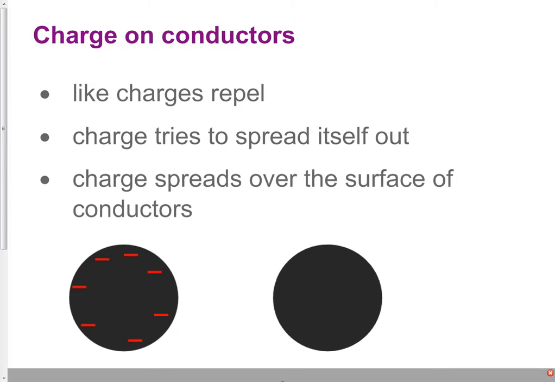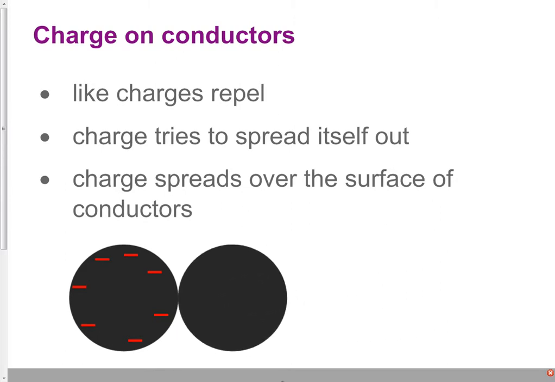If we were then to bring another similar ping pong ball, which is also neutral, over and put it in contact with the original one, now there's even more surface for the electrons to spread themselves over, and because they're free to move, they're going to spread themselves all over the surface. They're as far away from each other as they can possibly be.